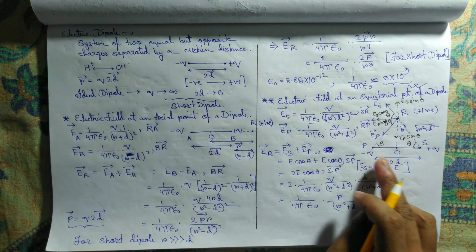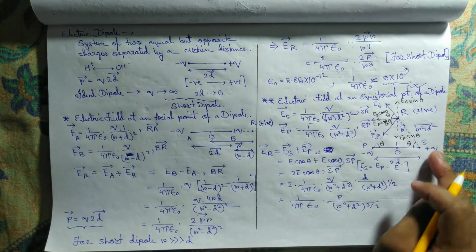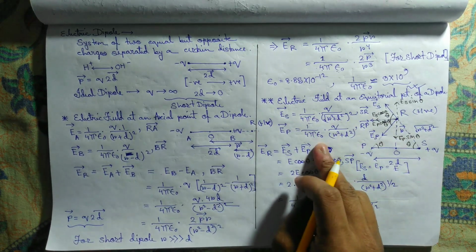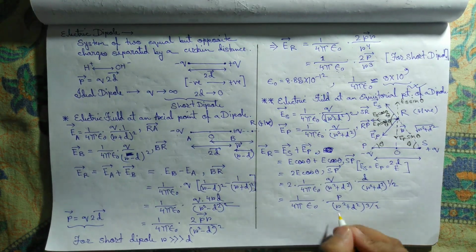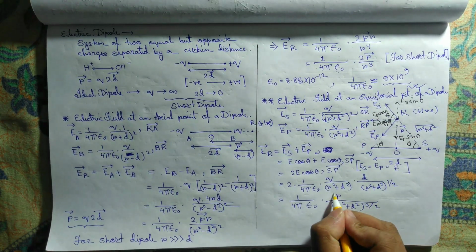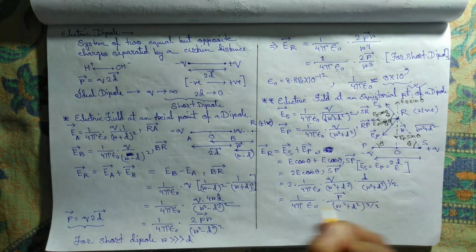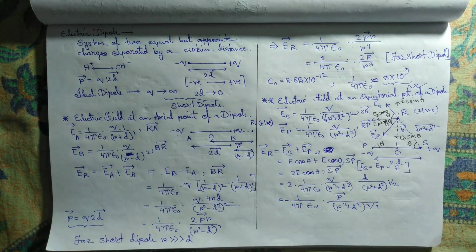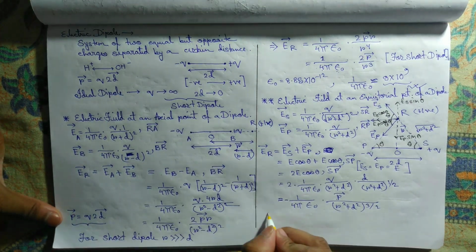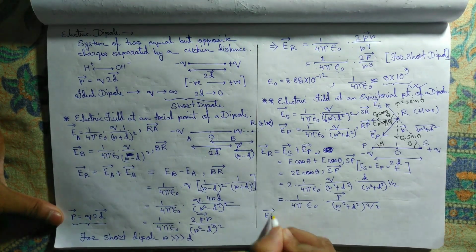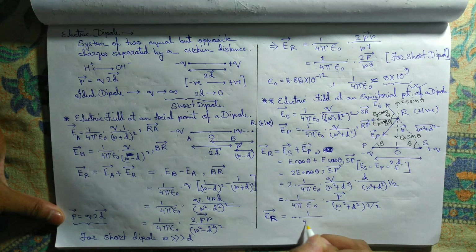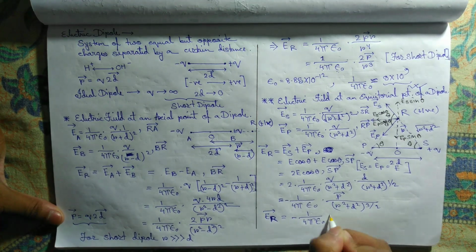As we know, the direction of dipole moment is minus to plus, and the direction of electric field is just opposite to that. So we can just put a negative sign. Here the negative sign indicates that the dipole moment and the resultant electric field vector are totally opposite to each other.